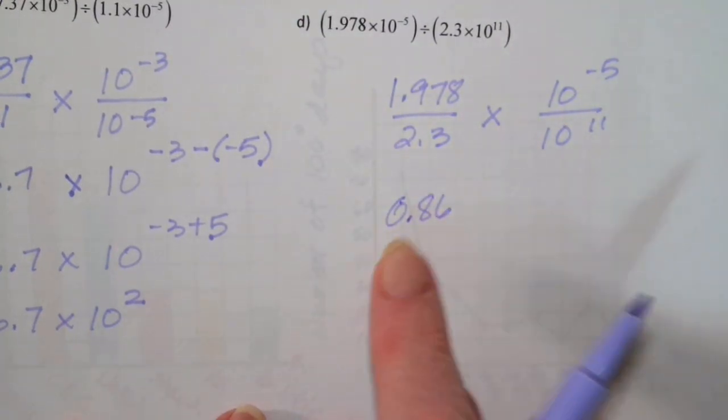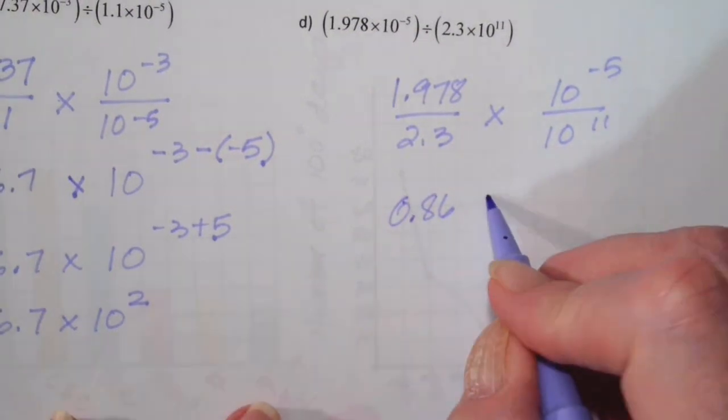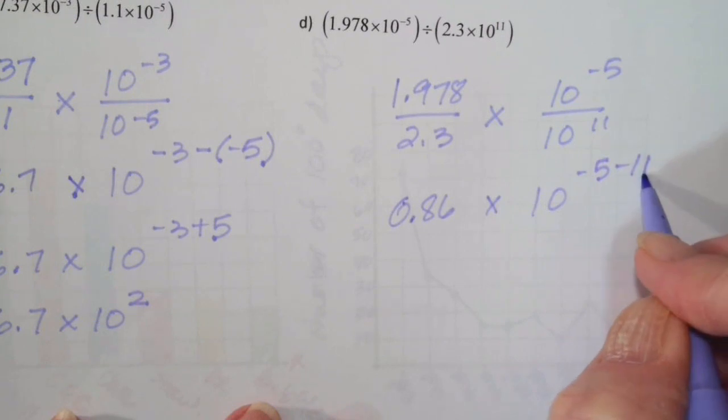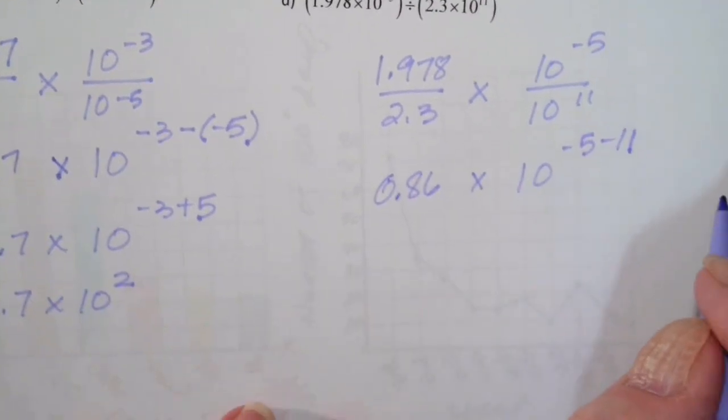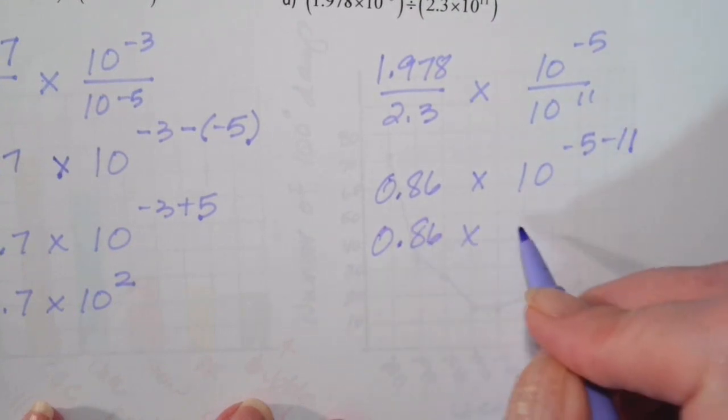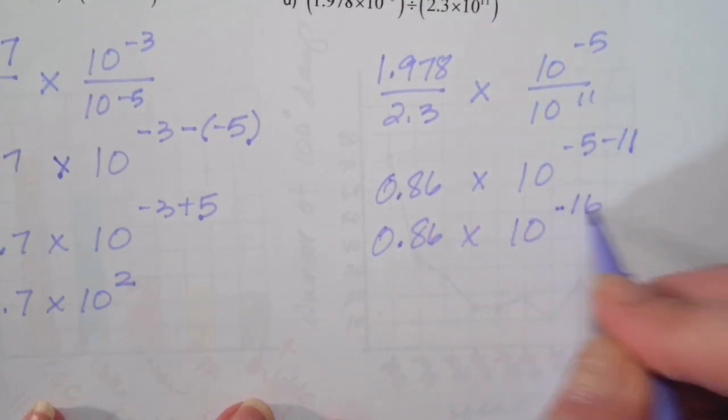Okay. Not in scientific notation, so I'm going to have to play with that. Times 10 to the negative 5 minus 11. So 0.86 times 10 to the negative 16.